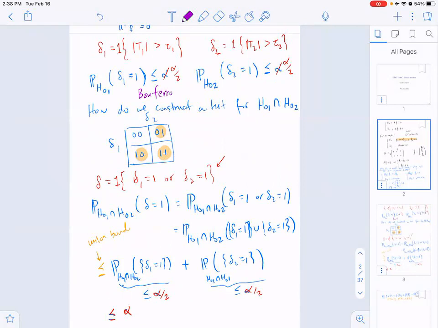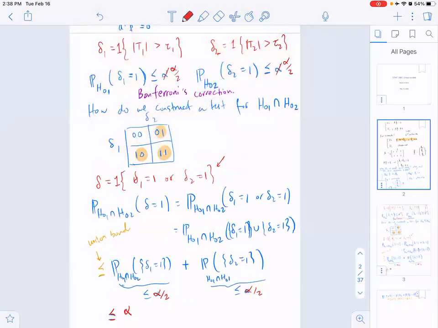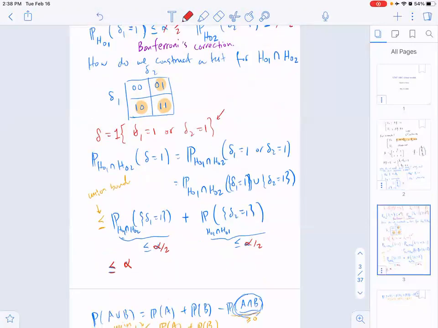I can't spell his name. So if you're doing 2 hypotheses simultaneously, you do each at level alpha over 2, and then you're guaranteed that the test that you build by combining the 2 would have level alpha.